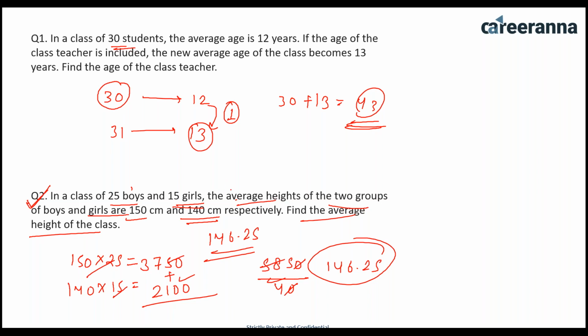Okay, I'll do it. So can you please tell me the data, which was like 25 boys, right? And 15 girls. Is it? What is the average height here? Guys, 150. Yes. And here 140. Right. Okay. So I have to find out the average.